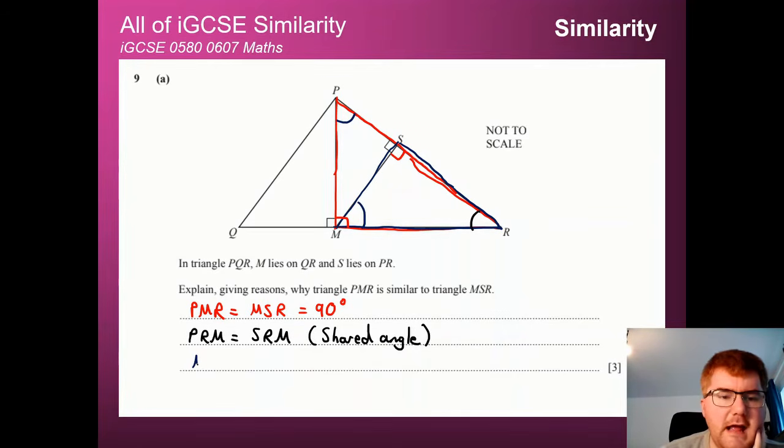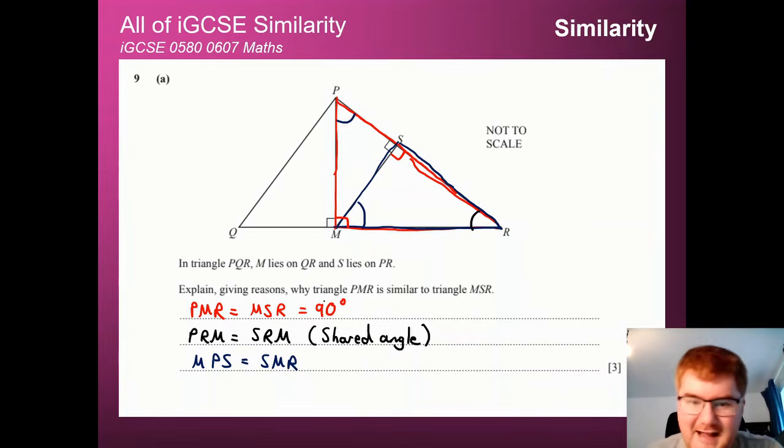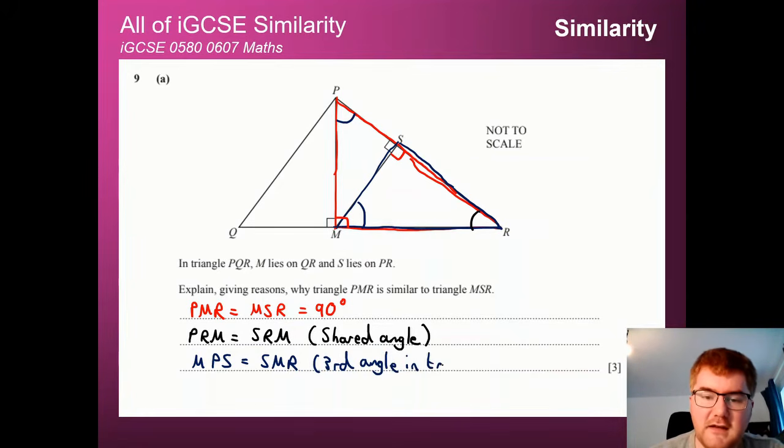So, MPS must be equal to SMR. Don't worry, won't do any SMR videos here. And that's because it's the third angle in the triangle. You know, two are the same, and the other one must be the same as well, because they add up to 180. So therefore, and we can write down AAA, or all three angles.